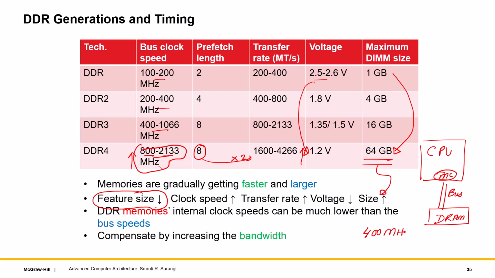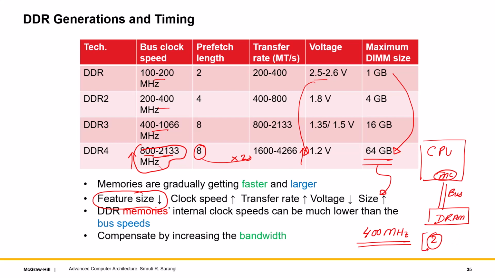So to compensate, what you need to do is that in one 400 megahertz cycle, you need to generate 2 bits, which means increasing the bandwidth, such that effectively for someone seeing it from the outside, we are generating 1 bit in every 800 megahertz clock period, right?